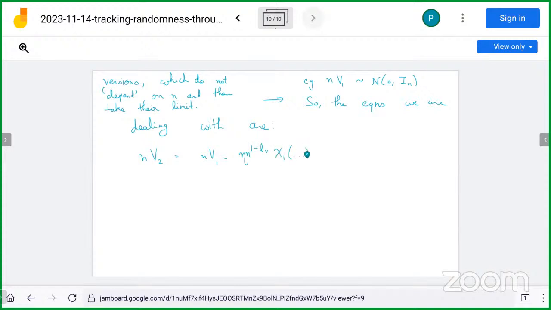Let me just drop the superscript. Anyway, there's only one layer, so the superscript was for layers. So this x1 is x, the layer output x at time.